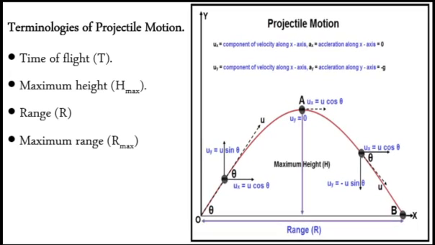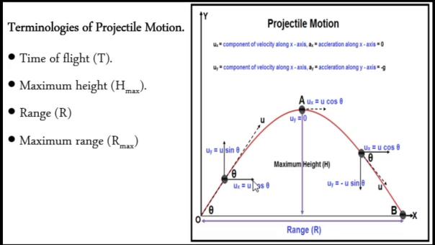Right, so we have pictures here showing projectile motion. We have trajectory. This is the trajectory, and at every point, you can see the two components, the horizontal component and the vertical component. For horizontal component, ux is equal to u cos theta, and vertical component uy is equal to u sin theta. At every point, you can see the two components. Then you have to observe that at every point, the ux is constant.